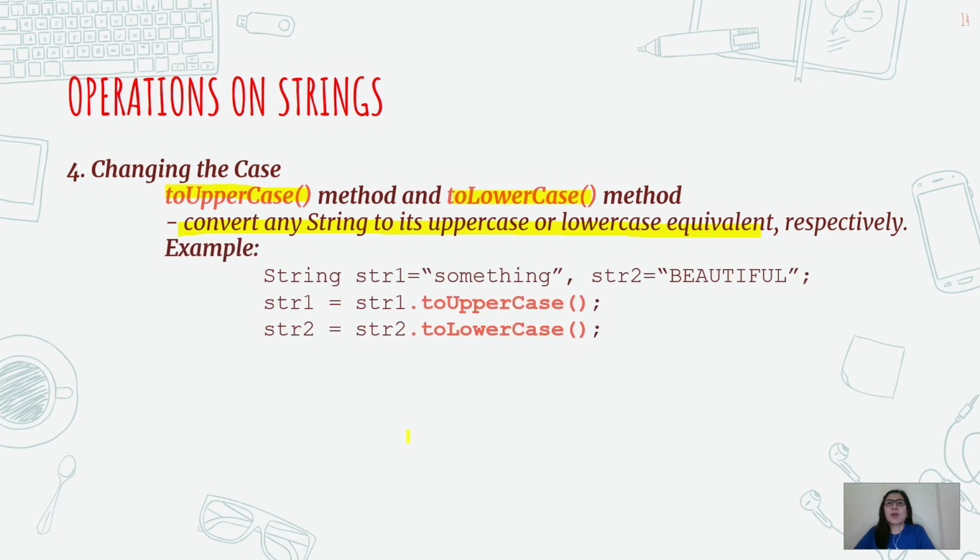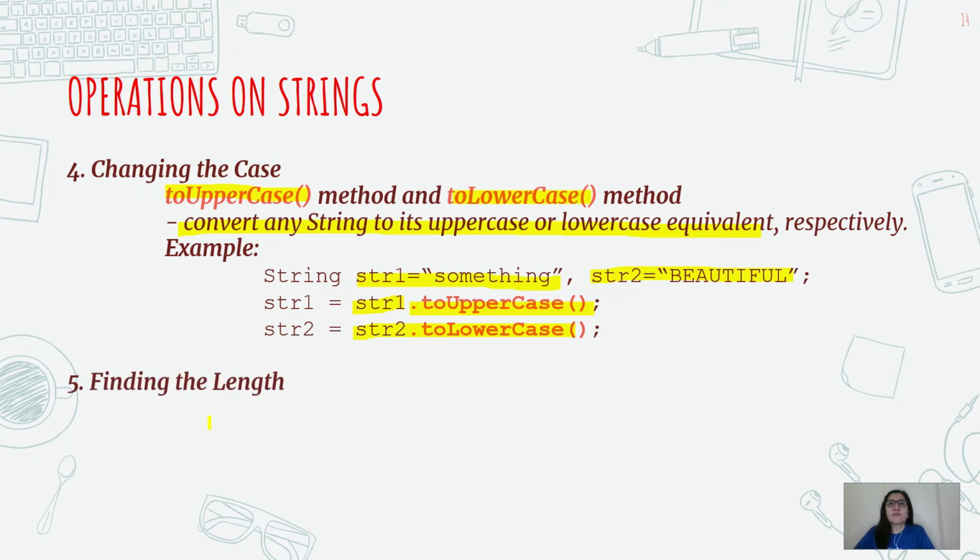So, in doing that, we have here an example, str1, which is something, and str2, which is beautiful. We are trying to convert that, the something, to uppercase. So, str1.toUpperCase. So, ang magiging result na niyan is something in all caps. Same is true with str2.toLowerCase. So, yung beautiful, ang magiging result na niyan is beautiful in lower cases.